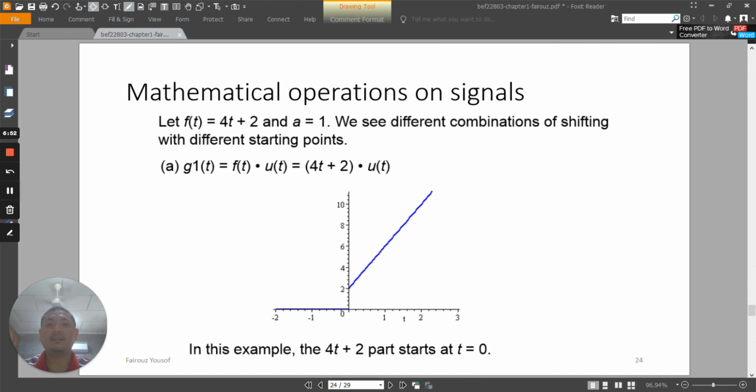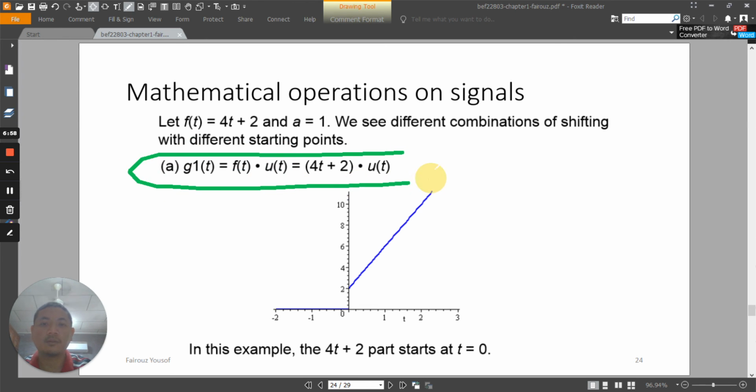Next is f(t) equals 4t plus 2 and a equals 1. Here g1(t) equals f(t) times u(t). So f(t) is this, times u(t). u(t) means that anything before 0 is 0, anything after 0 is this f(t).